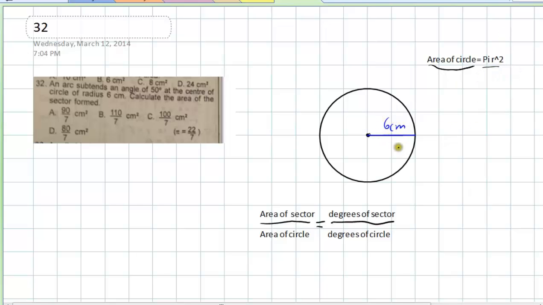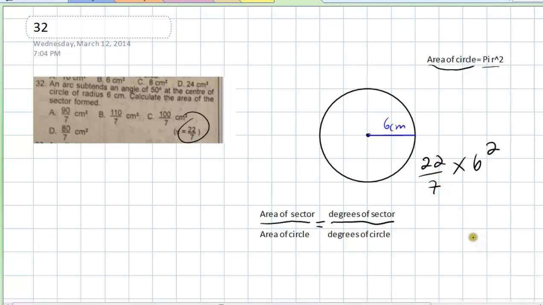The radius is 6 centimeters. So it's going to be pi times 6 squared. However, they were helpful enough to give us a fractional form of expressing pi. So instead, we're going to be using 22 over 7.